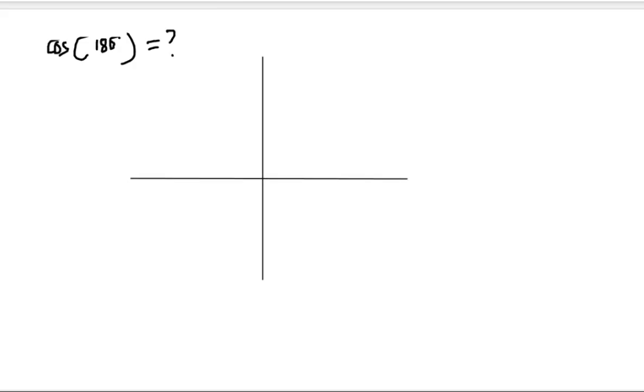So let's say we're going to find what is cosine 180 degrees. So as I showed you earlier, if you already memorized it, cosine 180 just lies on the negative x-axis. So dito yung 90, here we have 180. Sa bottom, we have 270 degrees.